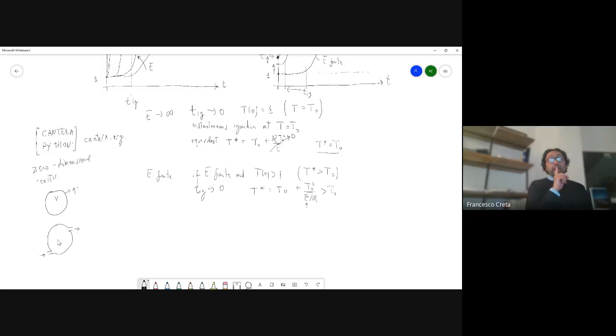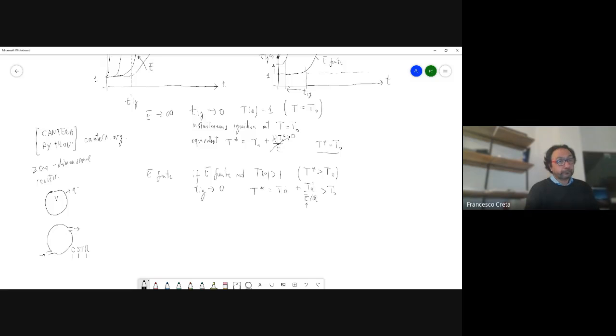Now, this can be very interesting because this system is called a CSTR, which stands for continuously stirred reactor. Why is it stirred?